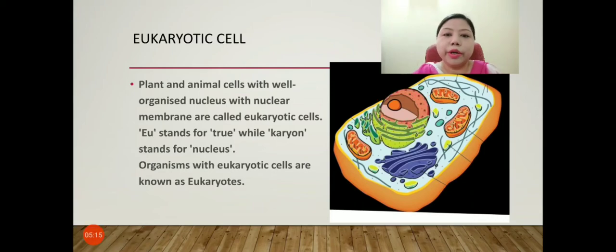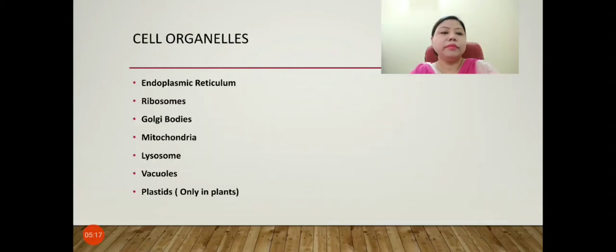Now let's move on to the next topic of today's class, the cell organelles. What are cell organelles? Cell organelles are small structures present in the cytoplasm inside a cell, and all cells contain cell organelles except the prokaryotic cells.